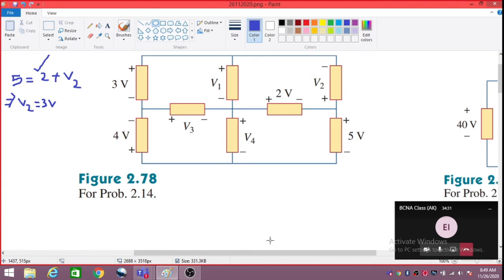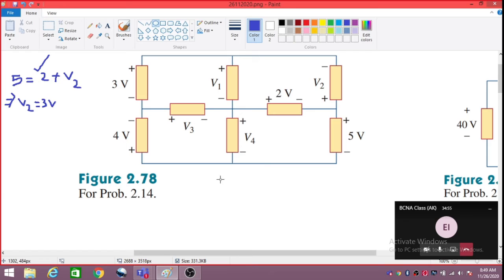There are 4 unknowns. If I go through this loop, there are 2 unknowns. In this loop, there are 2 unknowns. In this loop, there is only one unknown, which is V4. So let us first look into this loop.